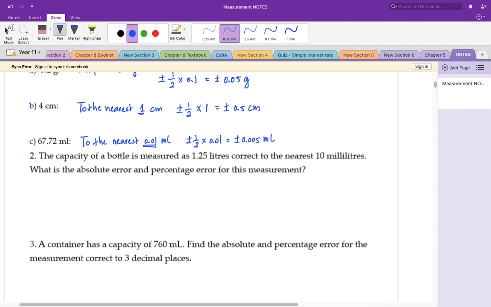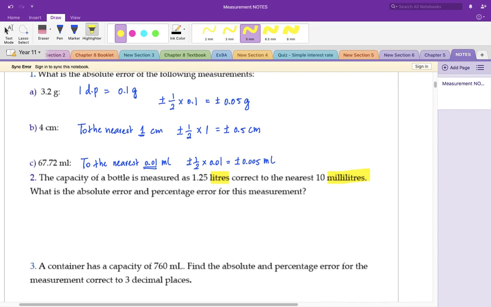Okay. Next question. The capacity of a bottle is measured as 1.25 liters and is corrected to the nearest 10 millimeters. What is the absolute error? I think here there's one thing you need to be careful about. 1.25 liters, and it tells you it's to the nearest 10 millimeters, right?